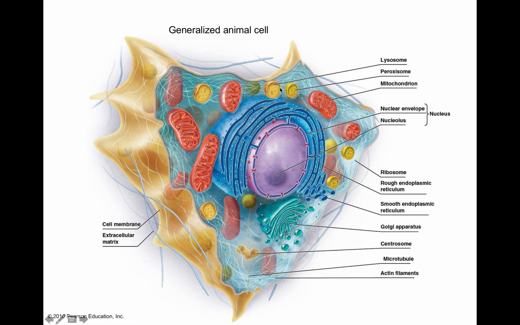Lysosomes are low pH organelles where debris from outside the cell and or old organelles will be transported to the lysosomes, broken down by digestive enzymes, and recycled into their macromolecule components: amino acids, nucleic acids, lipids, and carbohydrates.